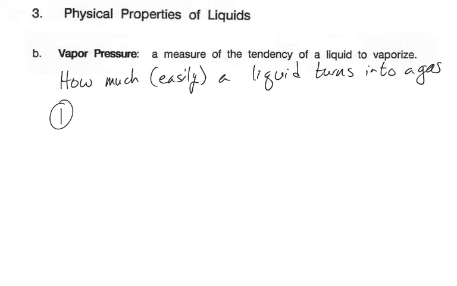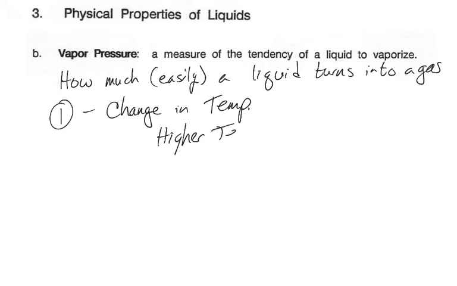One thing that we can do to affect the vapor pressure is change the temperature. Higher temperature equals more vapor pressure, higher vapor pressure. Okay, so that's one of the easy ways.